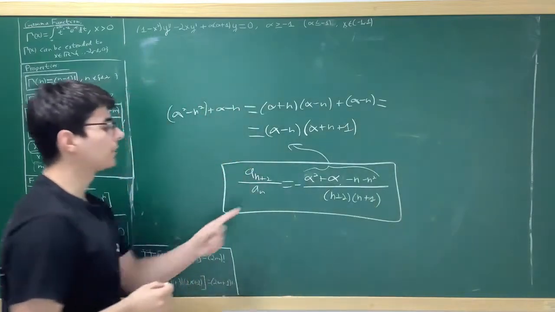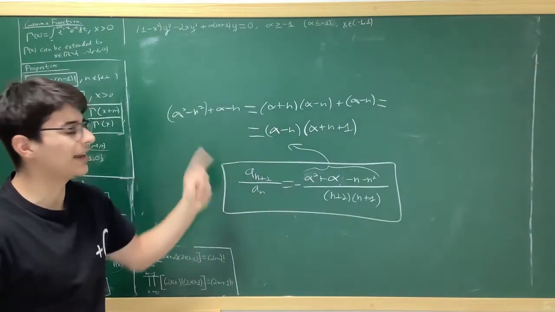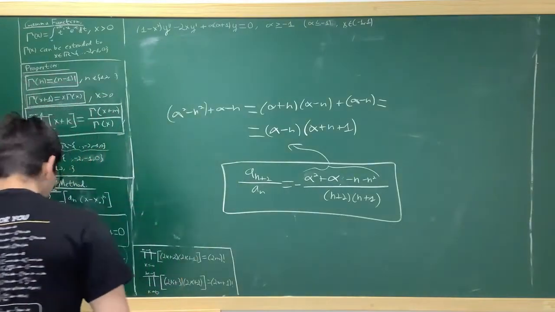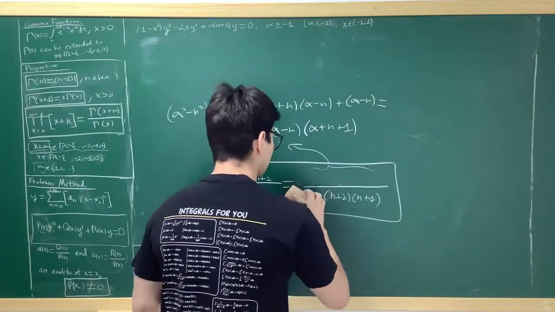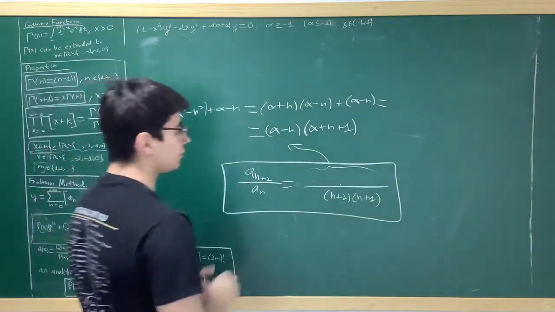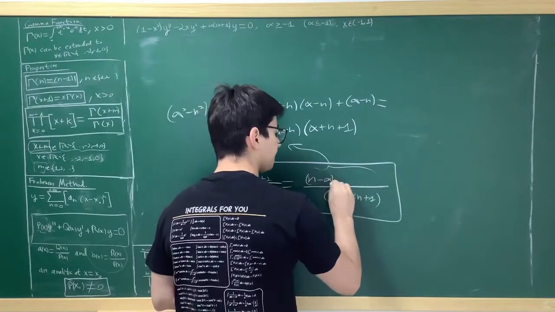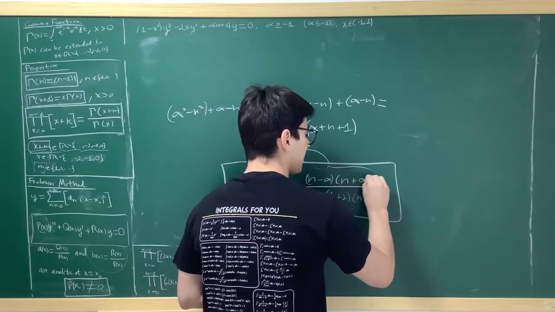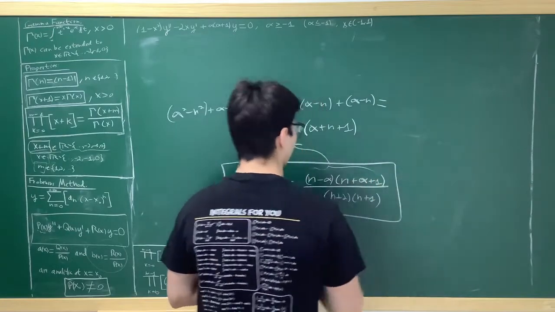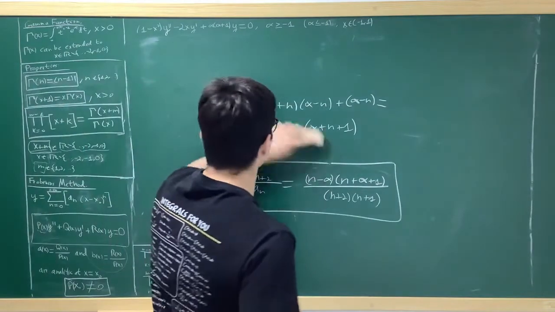Now, there's a negative sign here, so if we multiply by a negative sign, we get n minus alpha. So really, this and this give rise to the following term: (n minus alpha) and (n plus alpha plus 1). This is what we get. And this is the relation we have to solve.